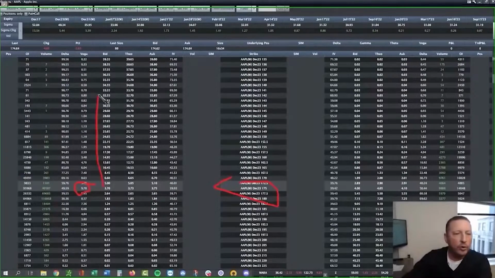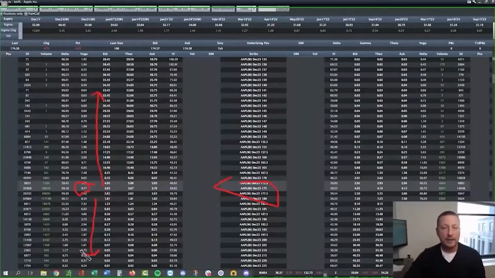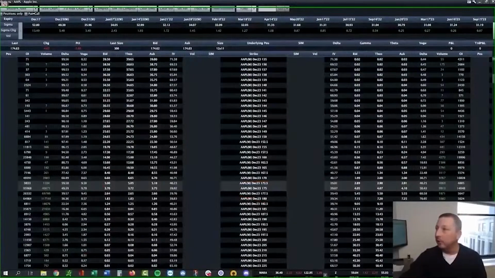The further you go away from that strike, either up or down, so either in the money or out of the money, you can see how the vega gets less and less and less the further you go away from where the stock is trading. So the volatility impact on an option becomes less and less the further in the money or further out of the money that you go.